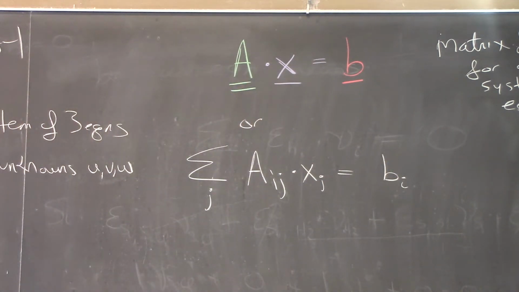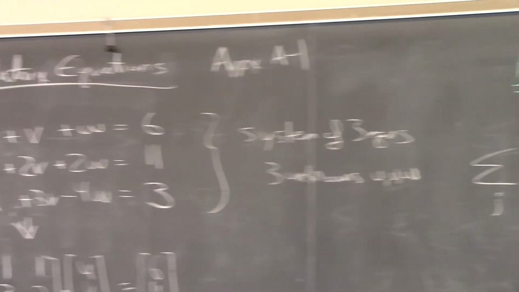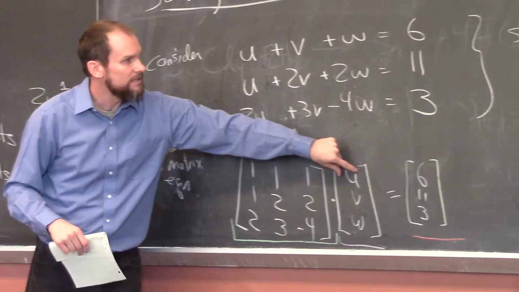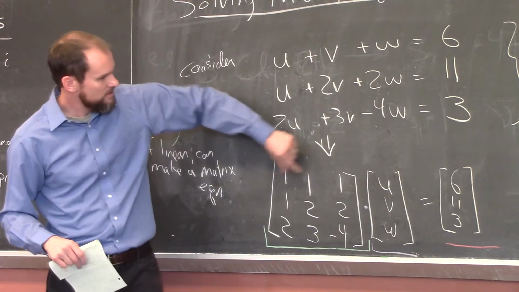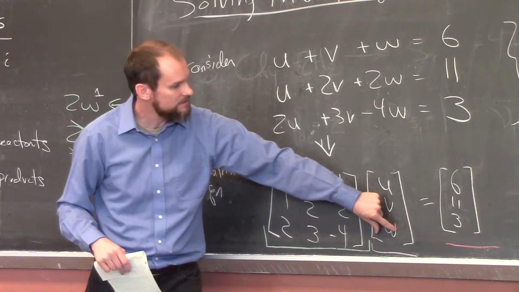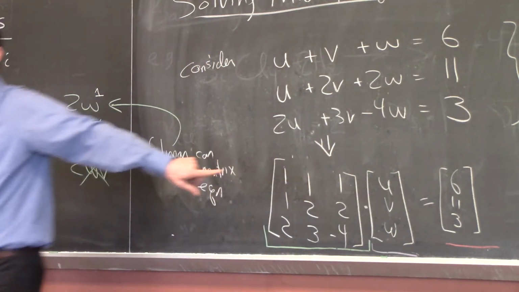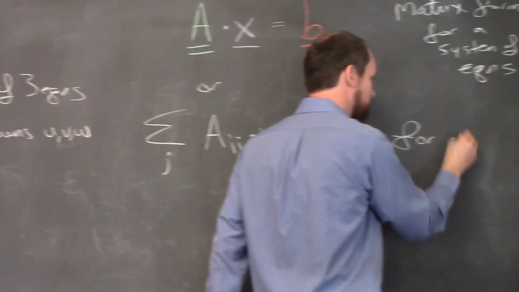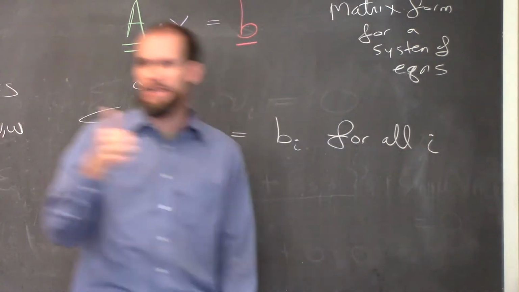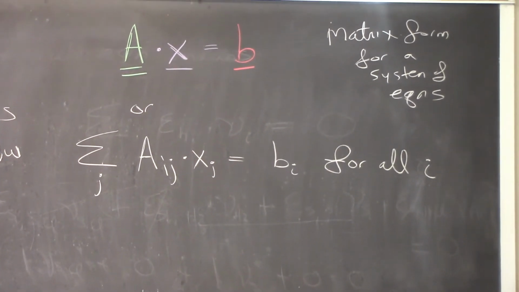If I label these columns j, 1, 2, 3, I can take a11 multiplied by x1, a12 is 1, multiply that by x2, which is v, a13 is here, multiply that by x3, which is w, then I get b1, which is 6. Questions here? Now this is starting to look like our nus and epsilons, right? This is an equation, and it is actually 3 equations. For all i, so i equals 1, 2, 3 are those 3 equations.